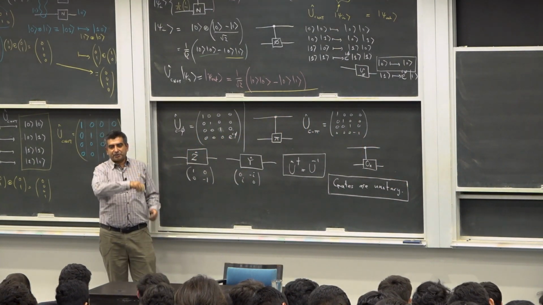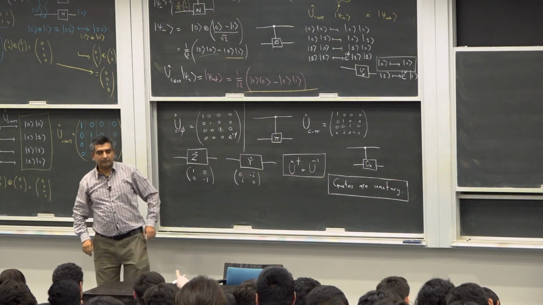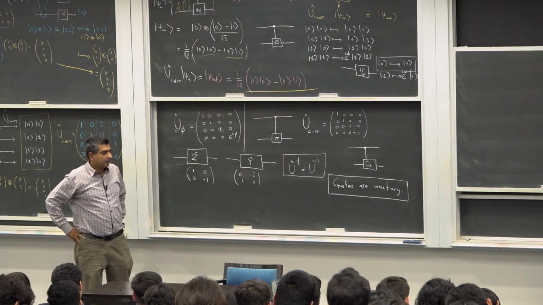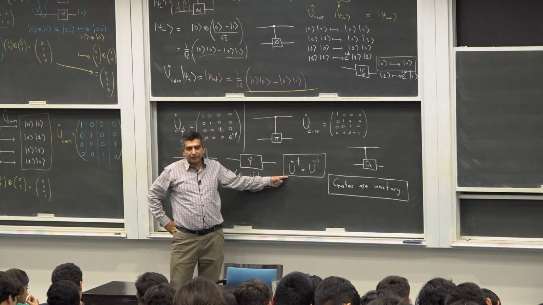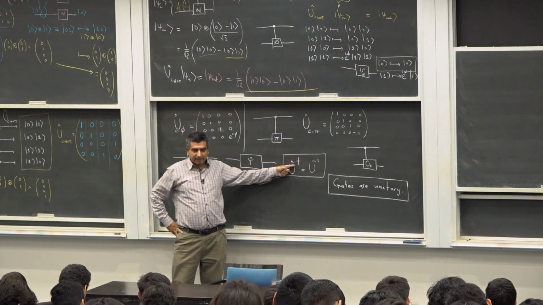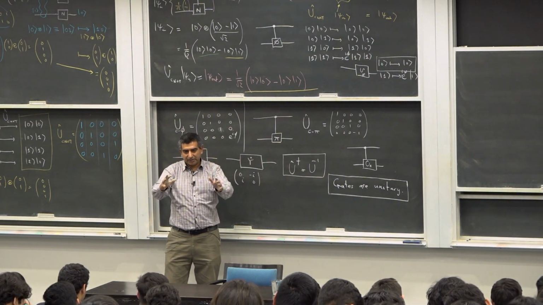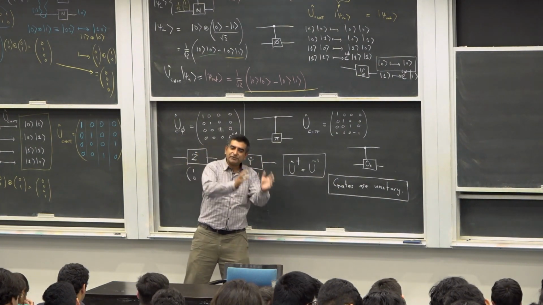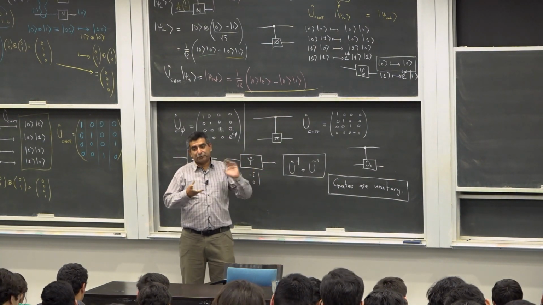All right, there was a question somewhere. Can you repeat what you just said regarding that inverse and unitary? So this is how we define a unitary matrix. A unitary matrix is one for which the dagger of the matrix, which is the transpose of the complex conjugate, equals the inverse of that matrix.